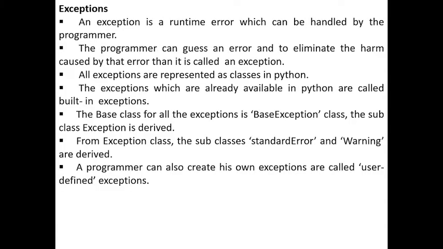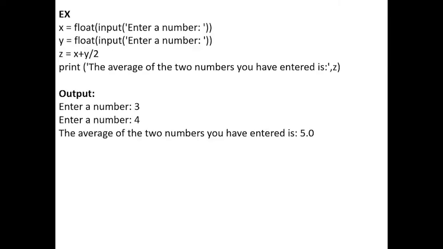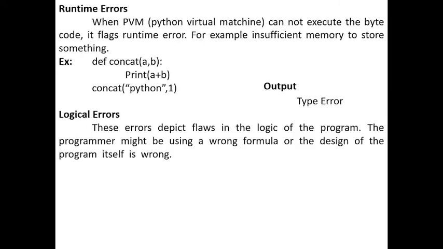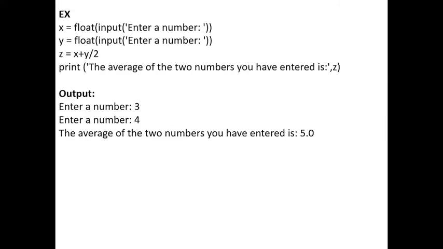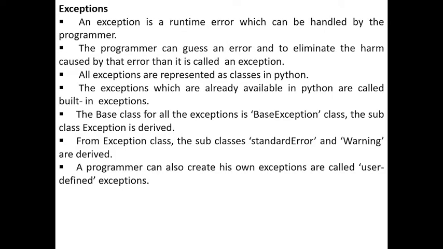Then regarding the exception: an exception is a runtime error which can be handled by the programmer. So if there is an error at runtime, that can be handled by using an exception.